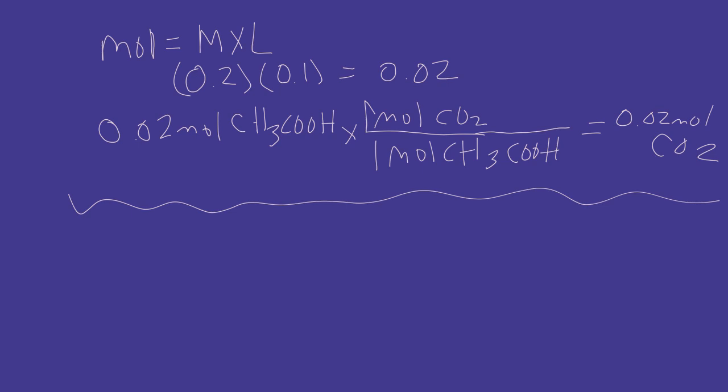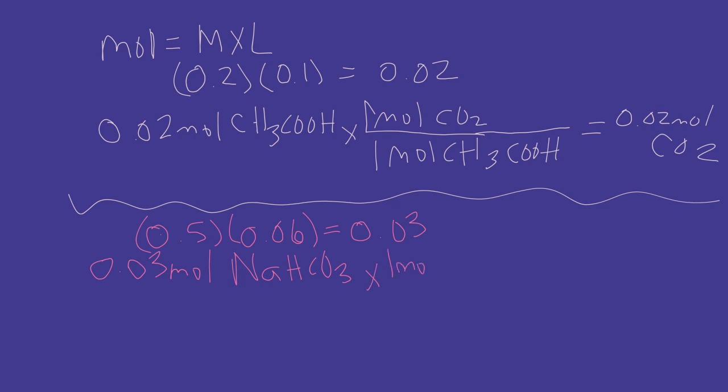All right, so moles for the baking soda, we have 0.5 times 60, so 0.03 moles of HCO3, and that gives 0.03 moles of CO2.